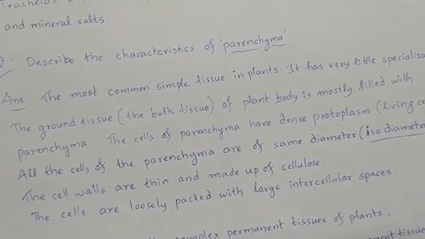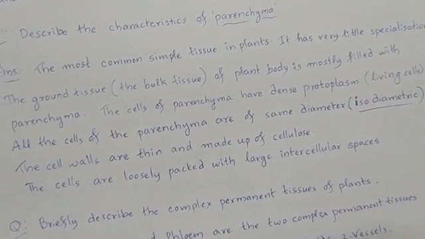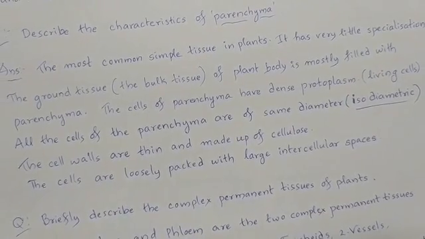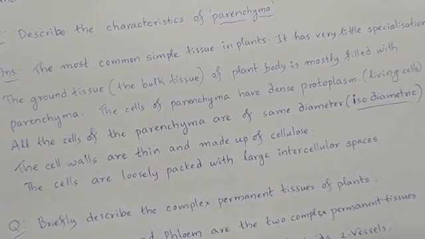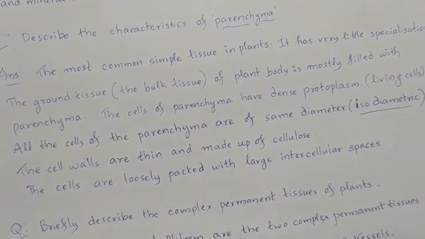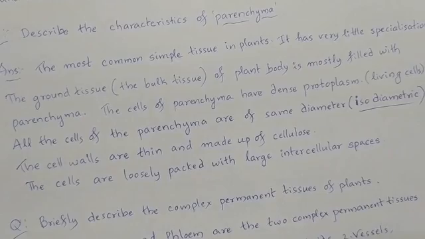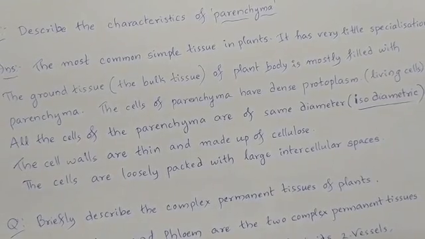The cells of parenchyma have dense protoplasm. Since the cells of parenchyma are involved in various important activities of the plant body, they need dense protoplasm.